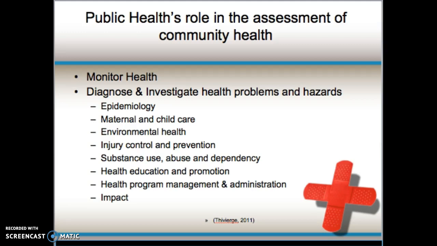Injuries that are avoided are hospital bills that are not incurred. Substance abuse and dependency: it is in the public's health concern to limit or stop the usage of tobacco, alcohol, as well as a few drugs. 15% of adults throughout the world have some sort of addiction other than tobacco use. This is not in the best interest of the community or public health.